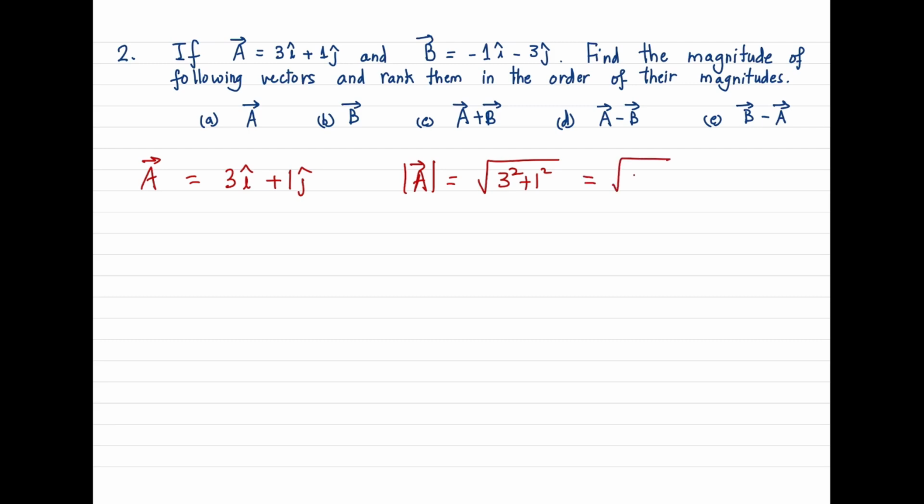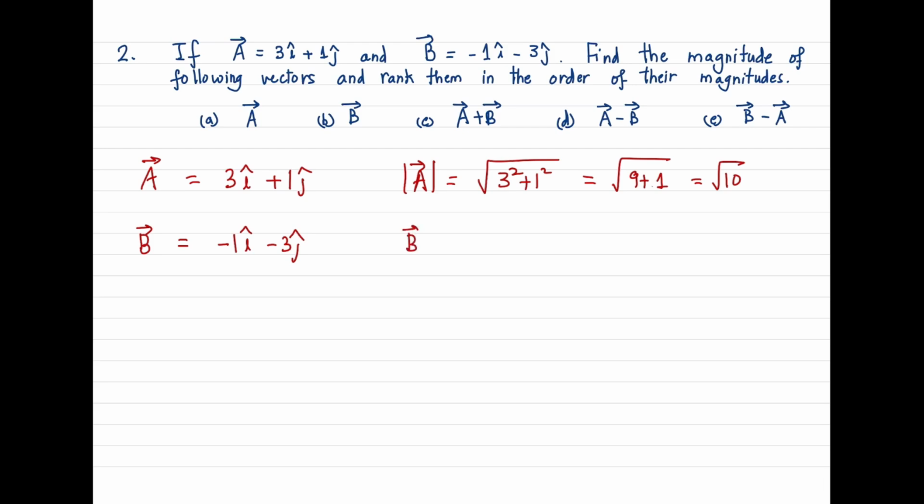That's going to give me 9 plus 1. Sorry, I wrote it wrong, 9 plus 1. That's going to give me root of 10. Okay, then in the same way I can find the magnitude of the B vector, which is minus i cap minus 3j cap.